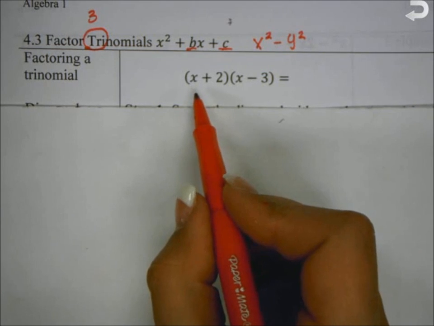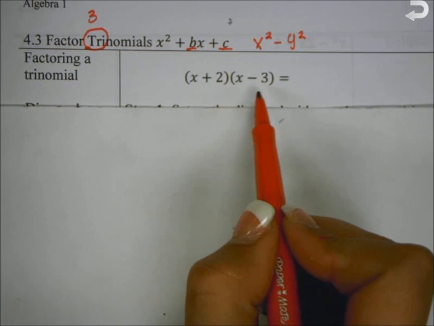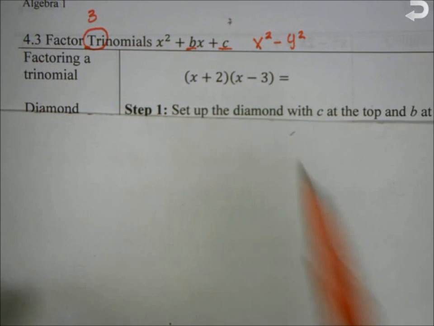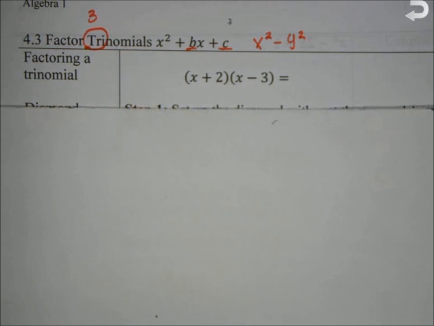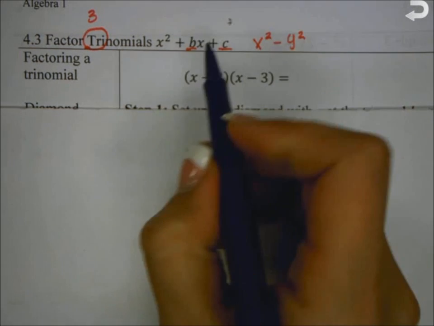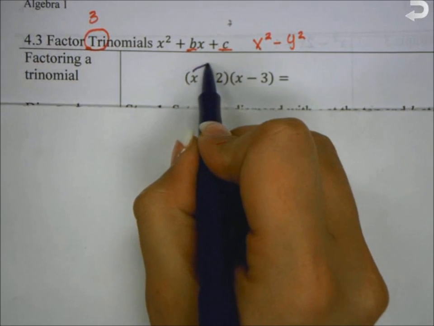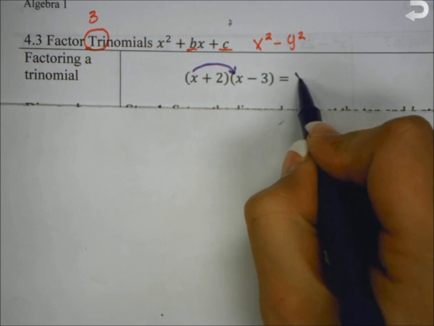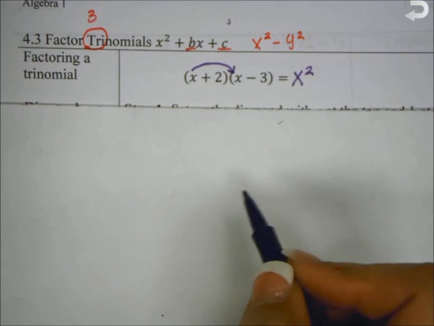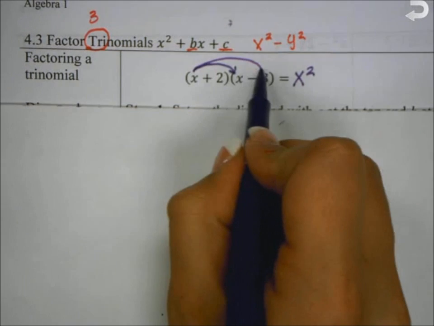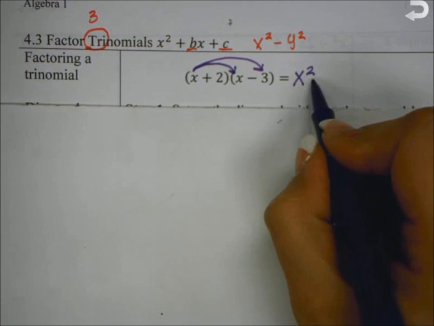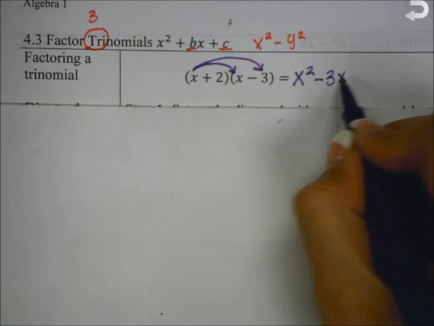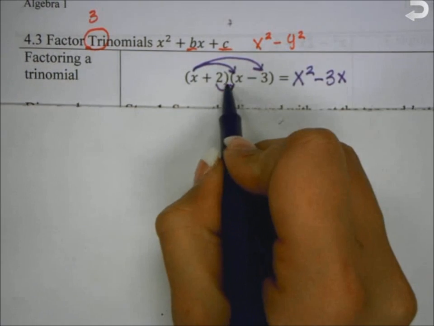How would I solve this? You do box or foil. I'm going to use foil because I don't have a lot of space. X times x gives me x squared. X times negative 3 is negative 3x. Positive 2 times x is positive 2x.